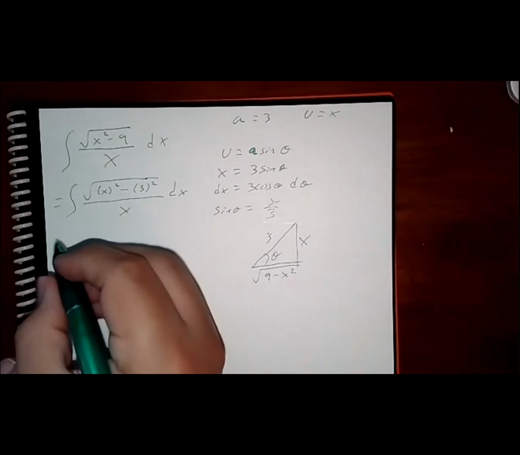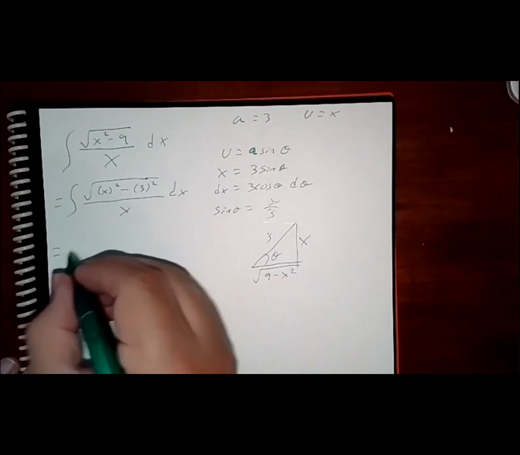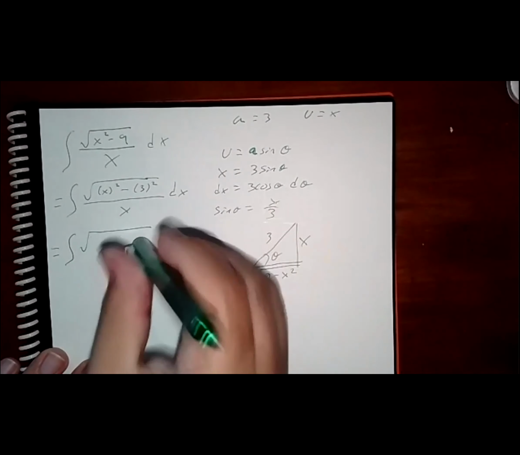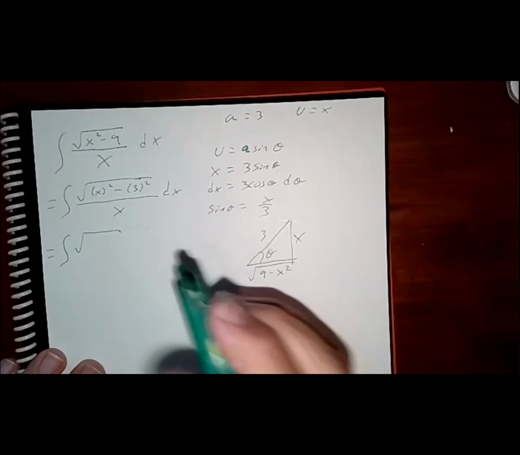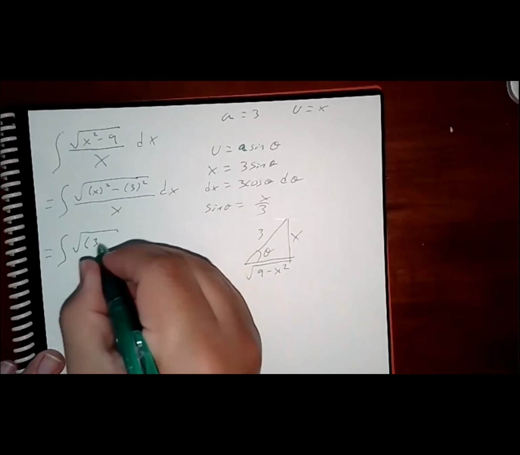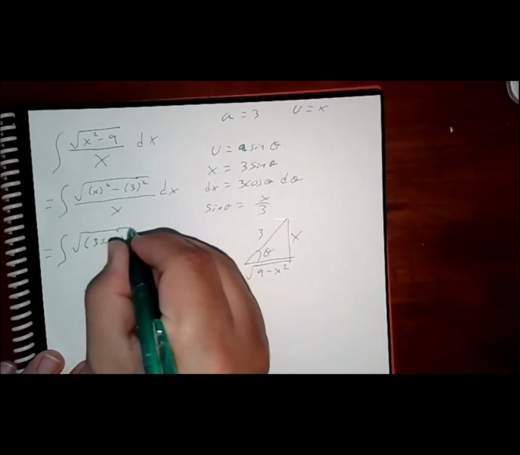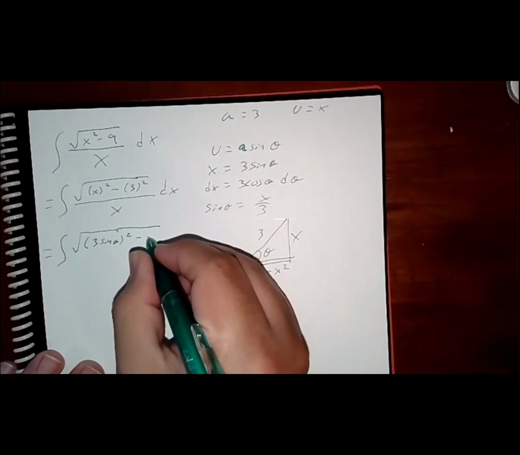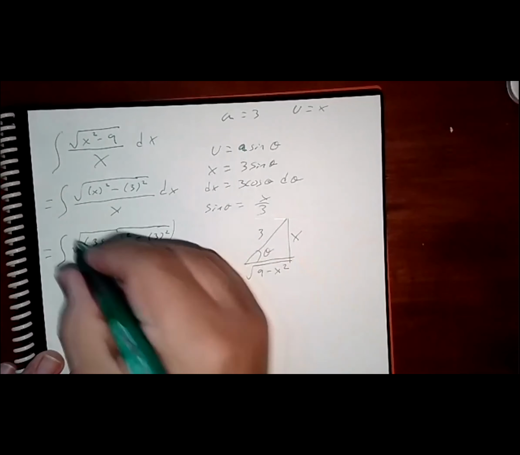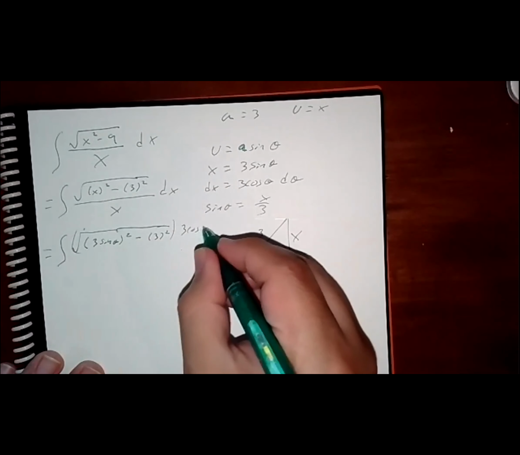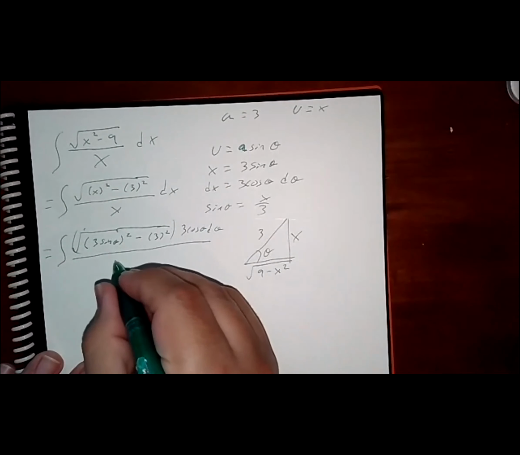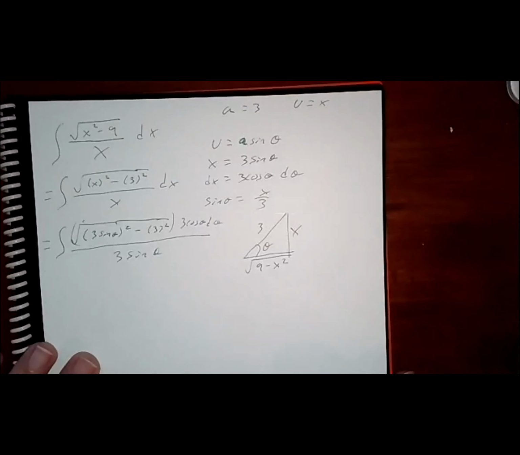Okay, so x is now 3 sine theta squared minus 3 squared. dx is now 3 cosine theta d theta over x, which is 3 sine theta.